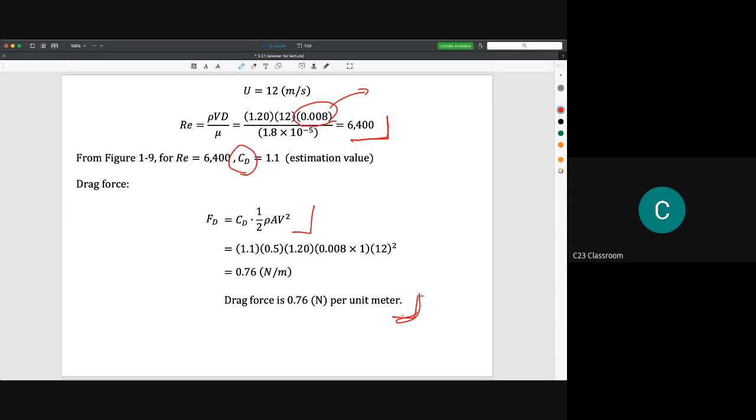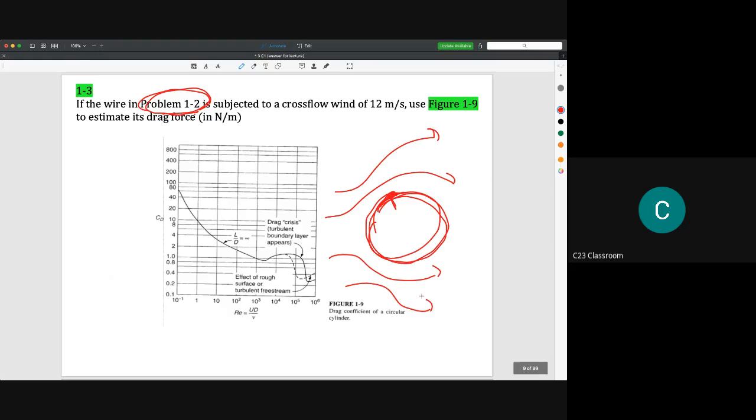Okay, what I want to show you here is, as I said previously, normally in fluid mechanics research we use the Reynolds number to reflect the velocity. We have 12 meters per second here, so you could have a graph with speed here, say 10, 11, 12, and so on.